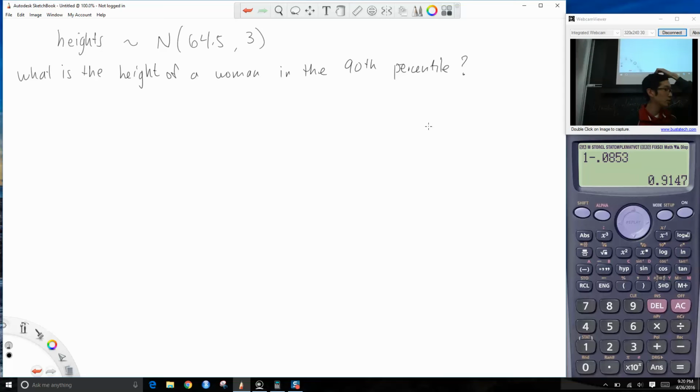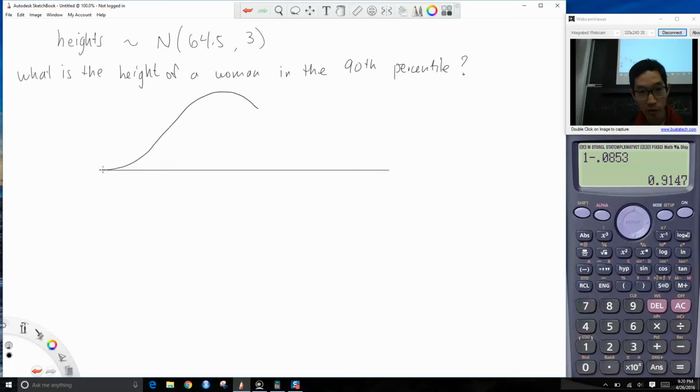So does this mean this woman is taller than average or shorter than average? Taller than average, right? So we know that our answer has to be over 64.5. It's always good to have a little sanity check and say, okay, this woman has to be taller than average, so that if your answer comes out shorter than 64.5, you know something went wrong, okay?